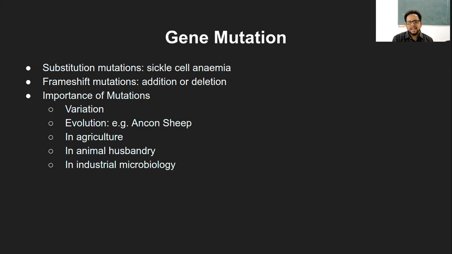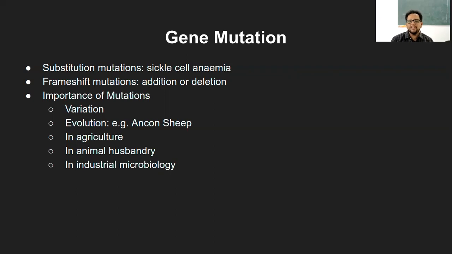And now in agriculture, all your genetically modified crops do have certain mutations, and that is, what we say, debatable whether they are good or bad, but yes, that is one aspect of mutation.